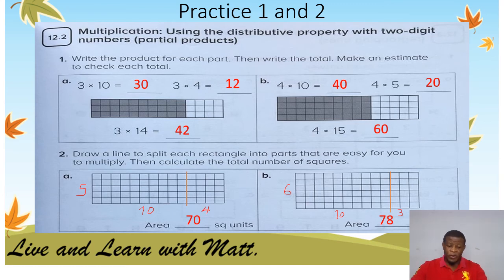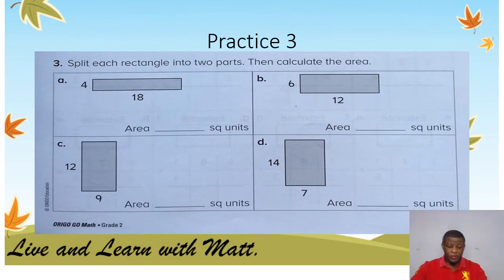Number 3. Split each rectangle into parts, then calculate the area. Four times 8 is 32. 32 plus 40.